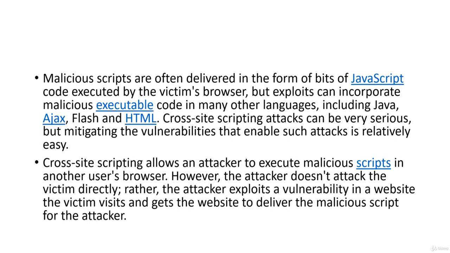So it makes use of other languages to inject that malicious executable code into the victim's browser, incorporating Java, Ajax, Flash and HTML, which are the elements used to show the content of the web page to the browser's client.